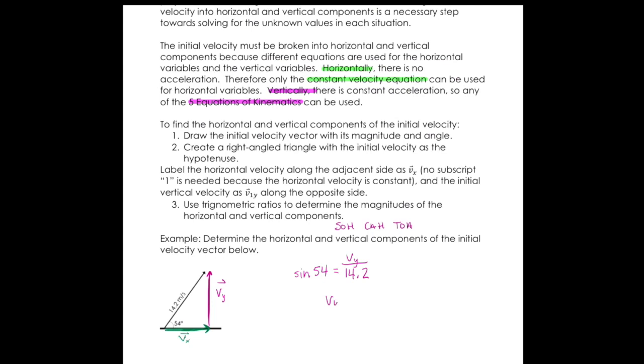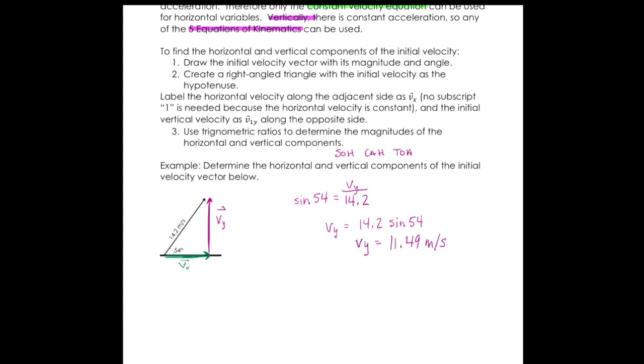We'd have Vy equals 14.2 times the sine of 54. And we'll get that the Vy is 11.49 meters per second.